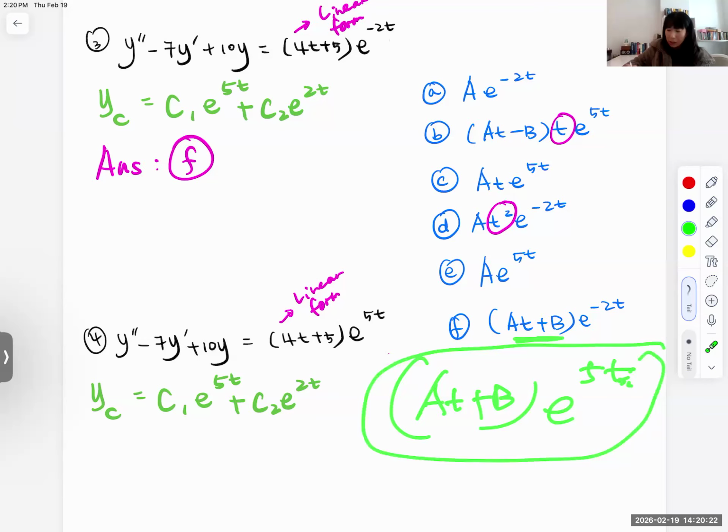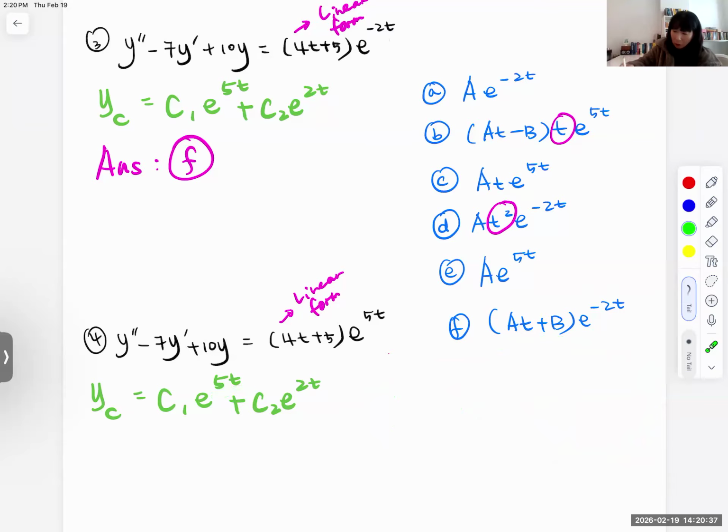Why? Because e to the 5t is already in the solution. So we are inserting t like we insert x earlier, right? Okay, so B is the one that has a linear form. I'm not sure there is negative or positive, but it's okay. Same linear form, we can treat them. All right, so just insert t, right?